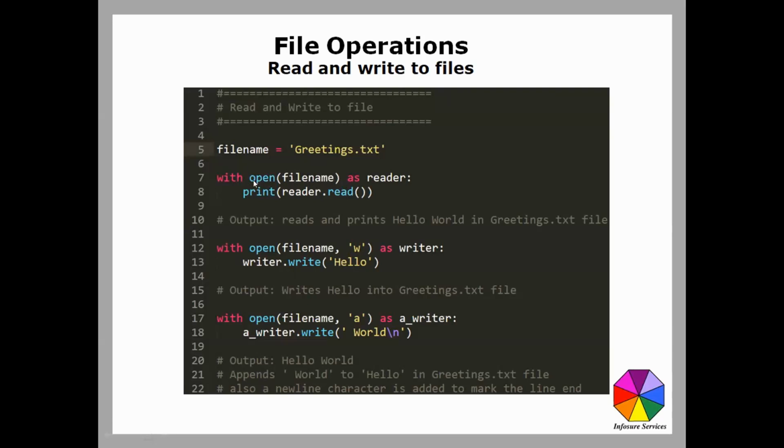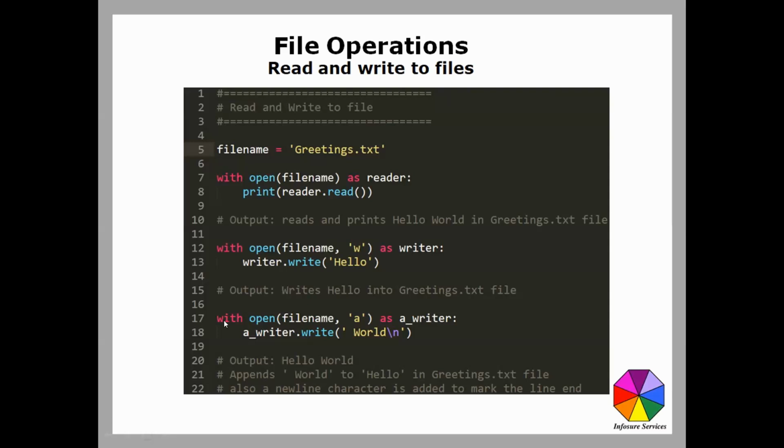When you don't specify the second parameter, the default is read. But whenever you are writing you have to give comma w, so that a new file will get created. Is this clear? Read is the default, and with open write is when you explicitly specify that you have to open in write mode.